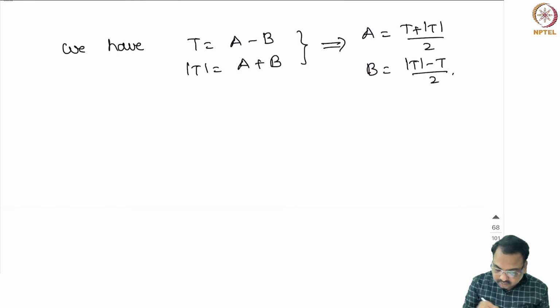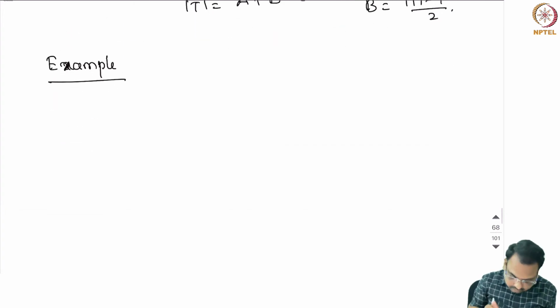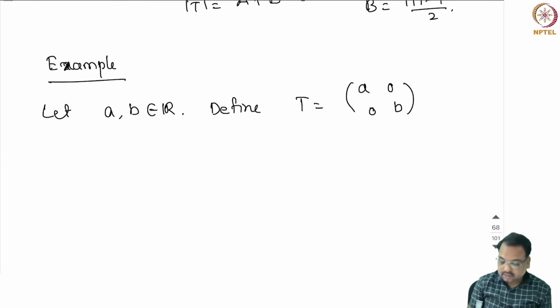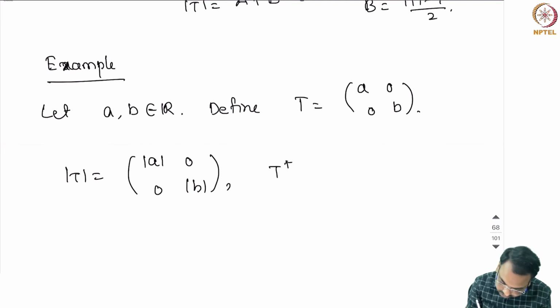Okay, so we will complete this lecture by giving an example. Let us look at a simple example. Let A, B be two real numbers. So define the matrix T as diag(A, 0; 0, B). Then we can easily show that |T| is diag(|A|, 0; 0, |B|), and T⁺ is (|T|+T)/2.